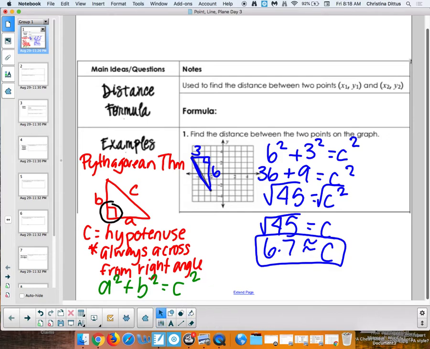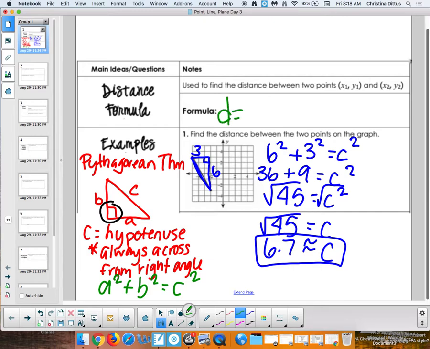Alright. Jump back up to your distance formula up here. It says we have 2 points, x1, y1, you know points come in x, comma, y pairs, and x2, y2. Our distance formula, are you ready?